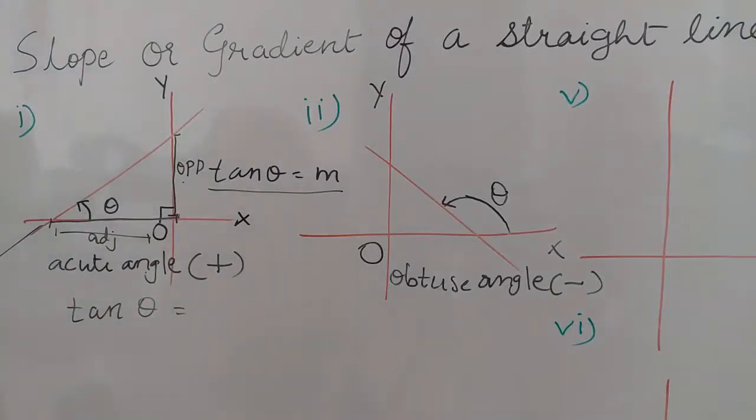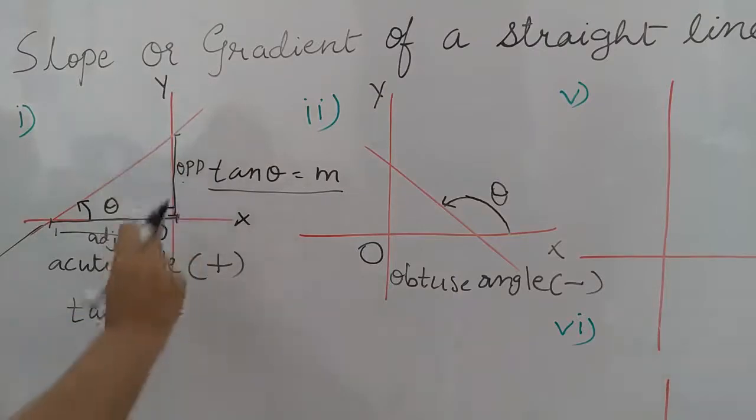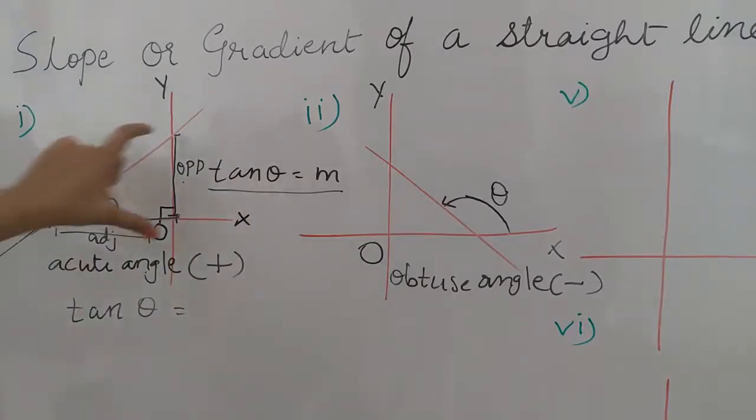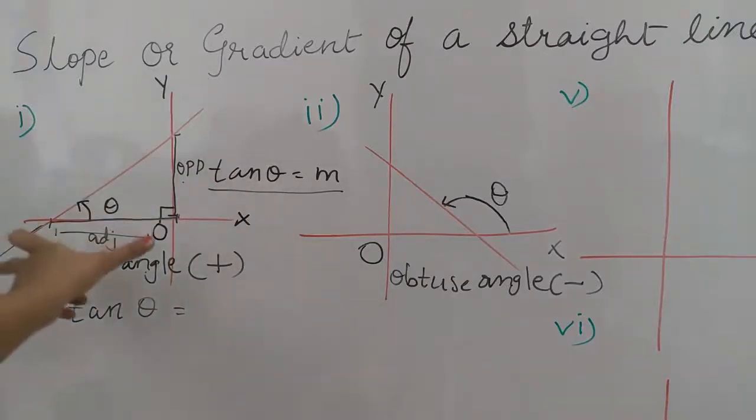That intercept concept we have already learned in 9th standard. But again, the distance from the origin on the y-axis cut by any line is called the y-intercept, and the distance from the origin on the x-axis cut by any line is called the x-intercept.